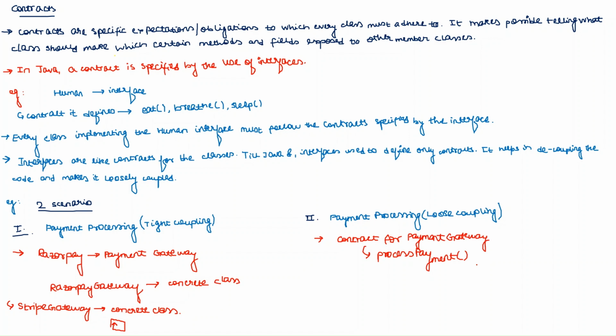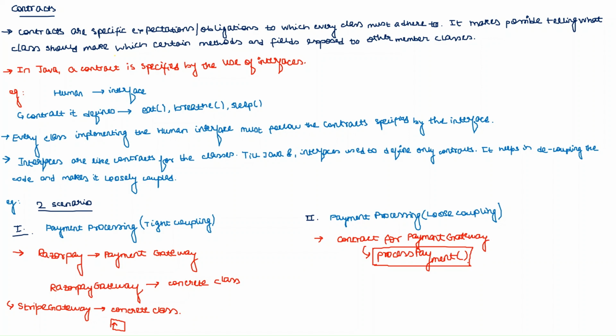So be it some custom implemented gateway or be it Razorpay or Stripe gateway, any of these classes would then be a descendant of the payment gateway interface, and they will have to provide their own concrete implementations for this particular method, or for this particular contract.